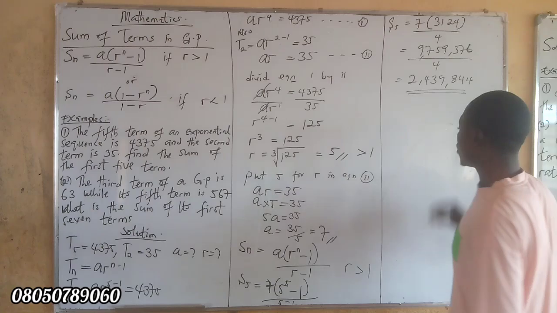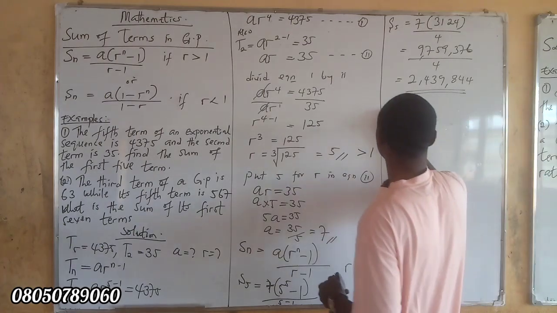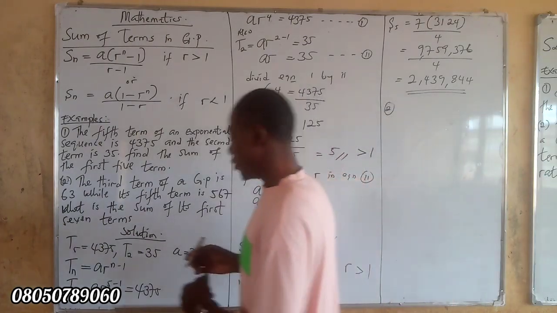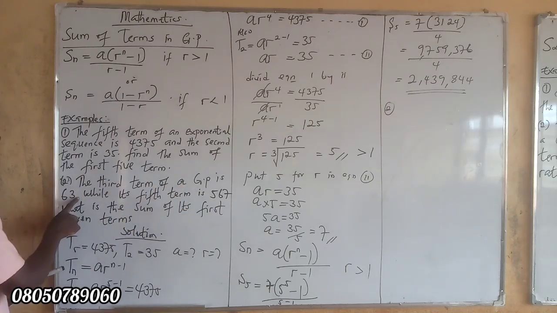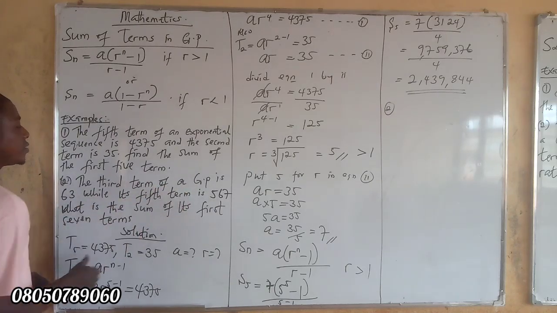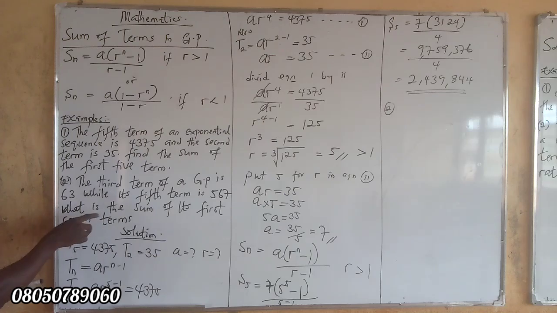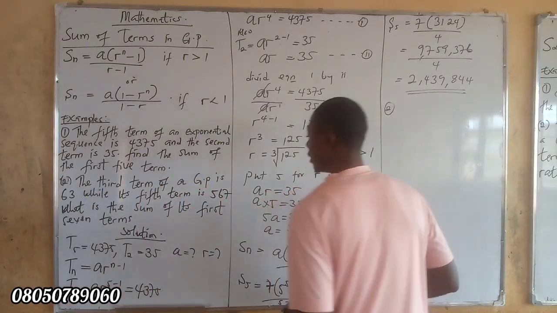We've gotten our sum. Then question number 2, very fast. The question says the third term of a GP is 63, while its fifth term is 567. What is the sum of its first 7 terms? So we are solving simultaneously again.